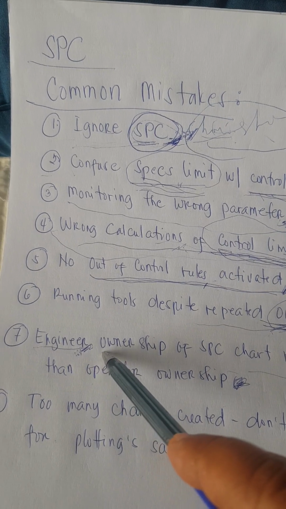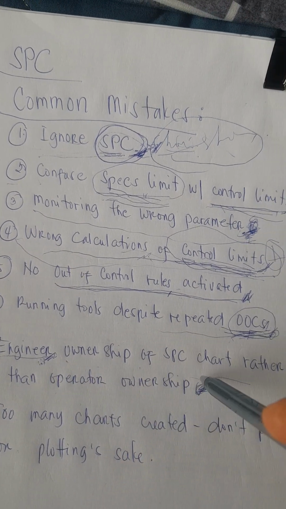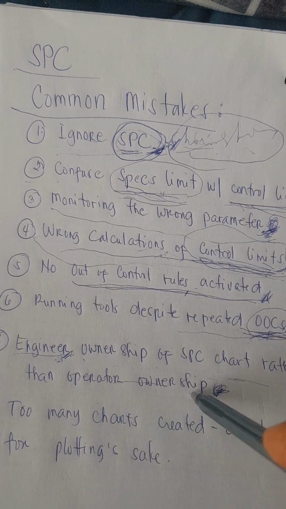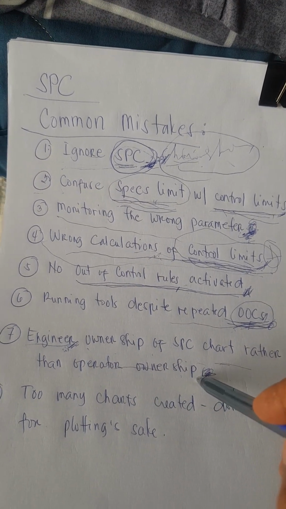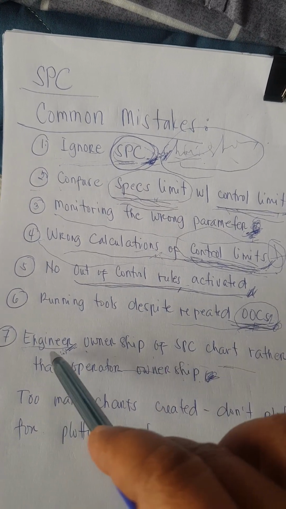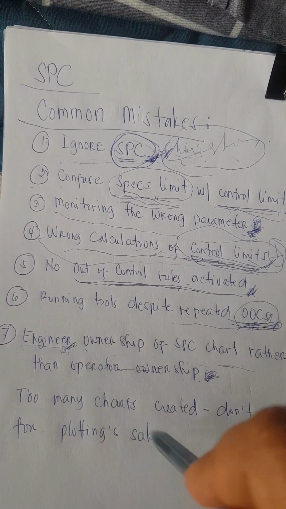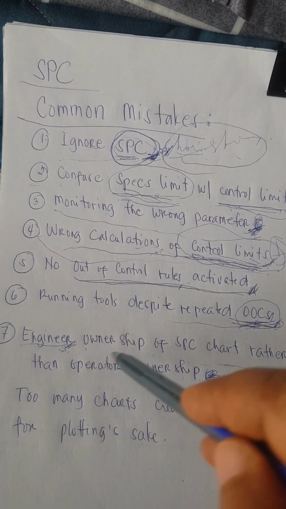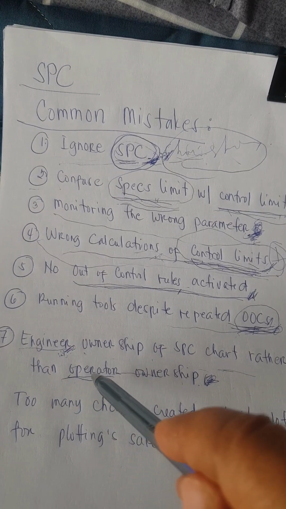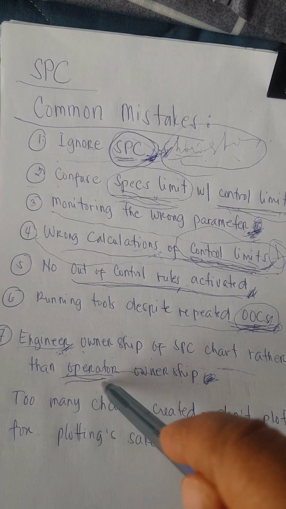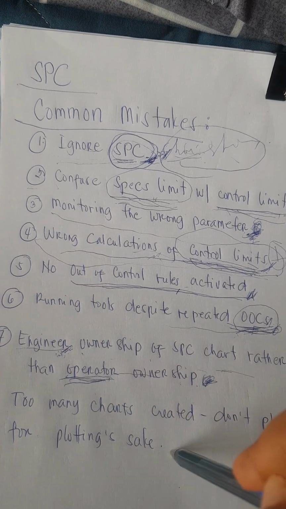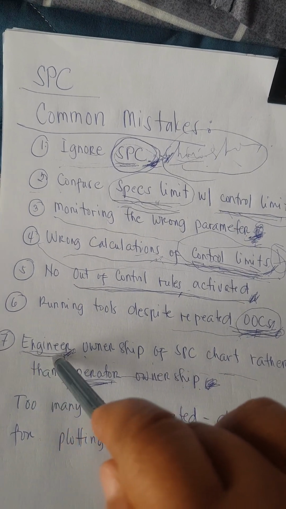Number 7, engineer ownership of SPC chart rather than operator ownership. Why is this written here as one of the common mistakes? Because the engineer is not 24/7 dealing with the machine that we have. The operators are the ones dealing with our machines. That is why we need to empower our operators in reading and understanding our SPC, not only the engineers.